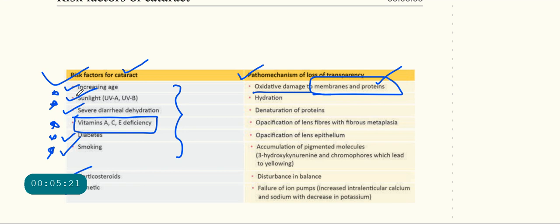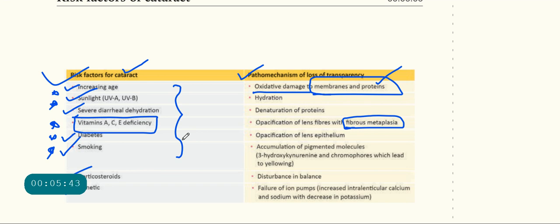The most important one, vitamin A, C and E deficiency, leads to opacity of the lens fiber with fibrous metaplasia. Remember, there is fibrous metaplasia if there is a deficiency of vitamin A, C and E, and that would ultimately lead to cataract.